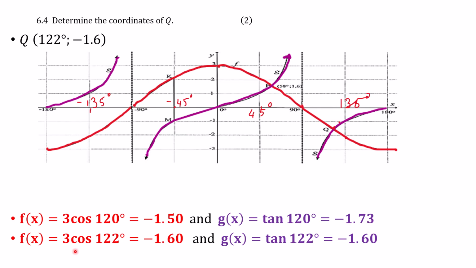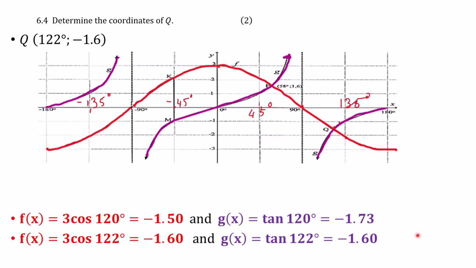If I increase to 3 cos 122, it gives me negative 1,6, or roughly negative 1,6. It's 1,59 something, and we round off, it becomes negative 1,60, and tan 122 also gives me negative 1,60. So 122 and 122 gives me the same answer there, and then my y value is negative 1,6.